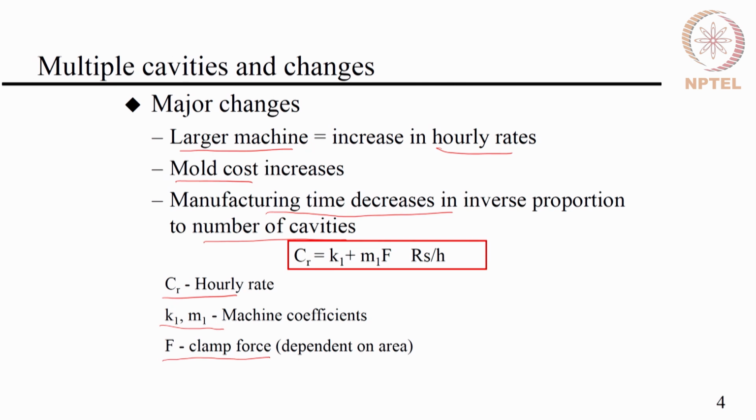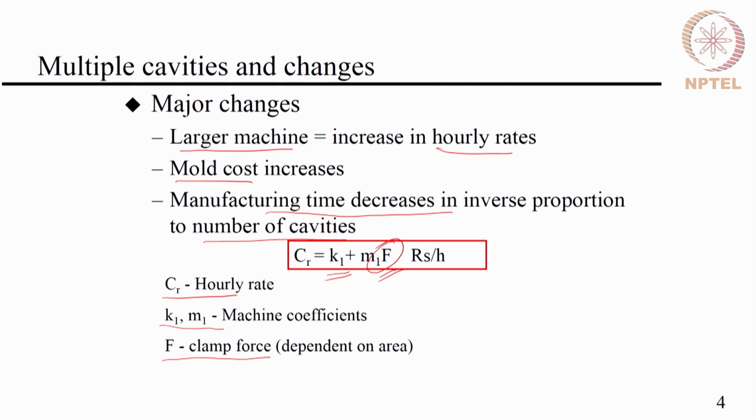So, one can see that the cost per hour is determined by the amount of mold holding force, or what we call the clamping force, that the machine has to generate, and there are some overheads or some cost associated with making the machine. So, the hourly rates increase with the number of cavities because I need more clamping force to hold the mold.